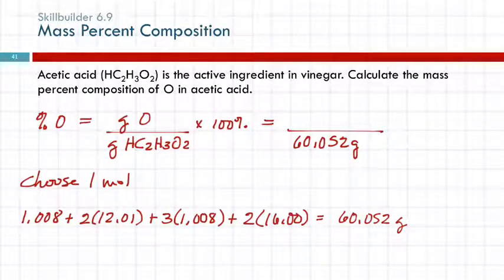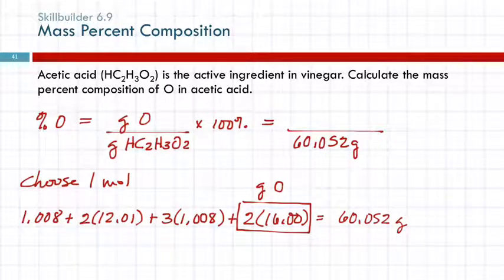What's the mass of oxygen in that? It's hiding in our work down here. 2 times 16. This is the mass from oxygen. That's the grams of oxygen in 1 mole of the whole compound.